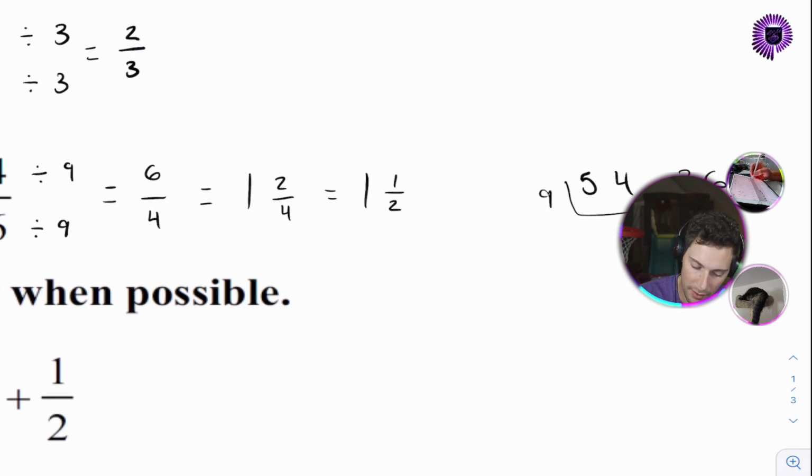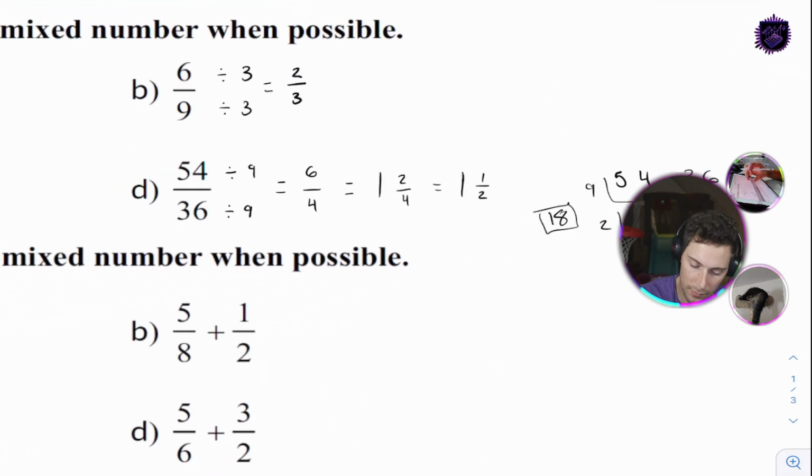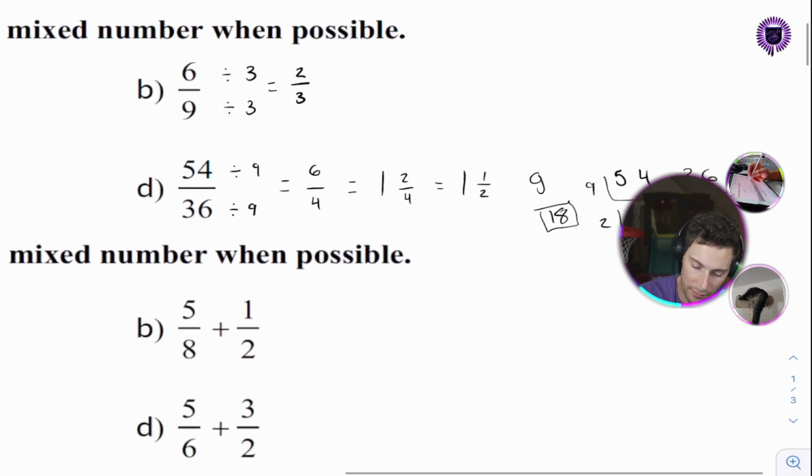Goes into that 6 and 4. And then 2. Goes in 3 and 2. 18. GCF. 18.